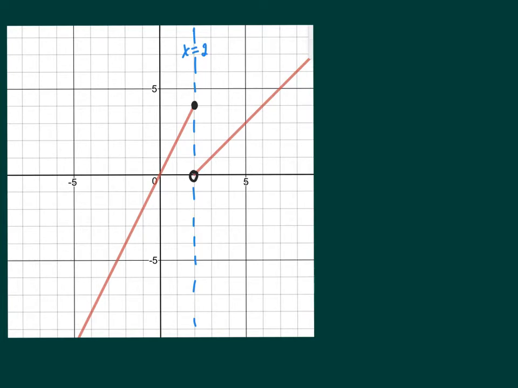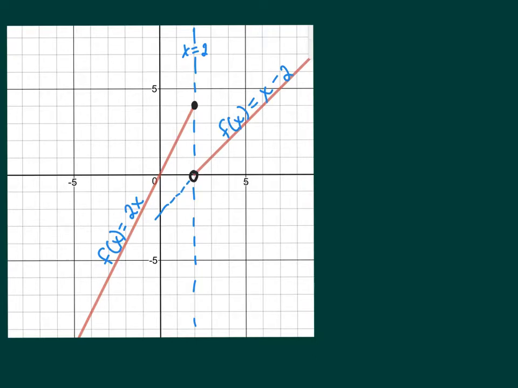So up until x equals 2, from here over, this has the equation f of x equals 2x. I forgot my parentheses there. And then at x equals 2, it changes to, if I look at this going back, the equation that we had before, f of x equals x minus 2. Those are my two equations taking place on the same graph.